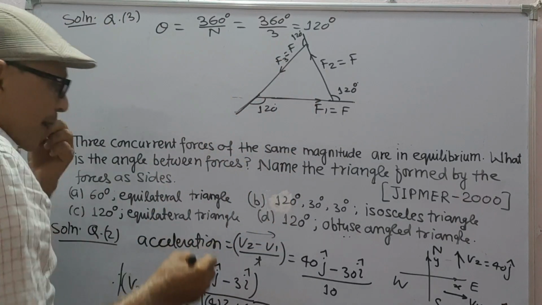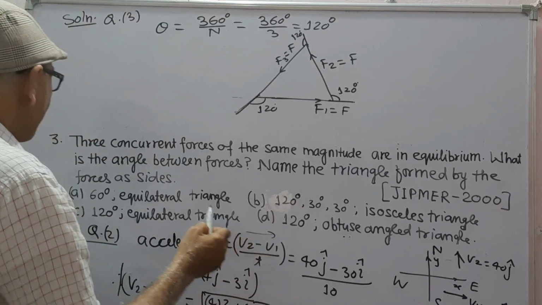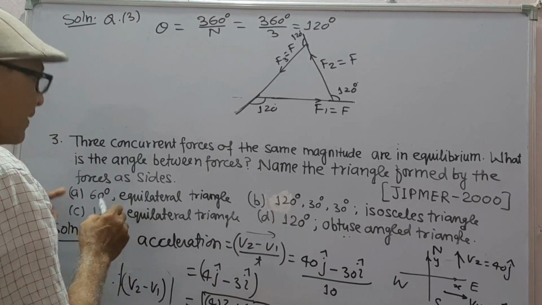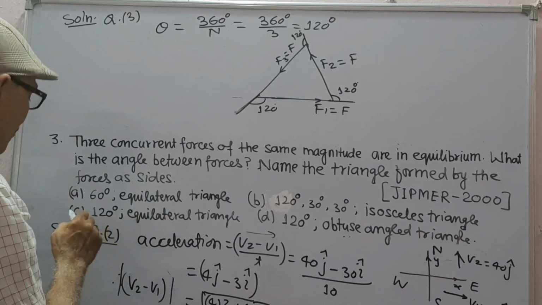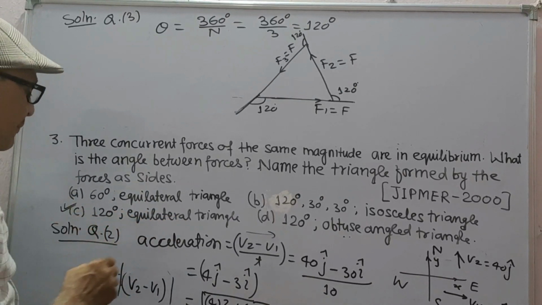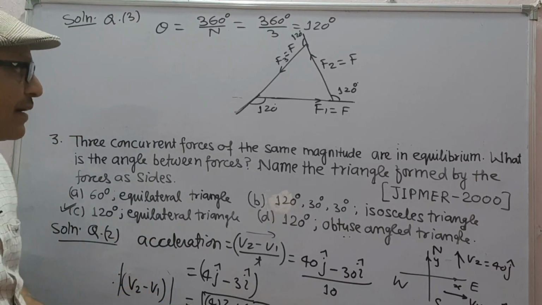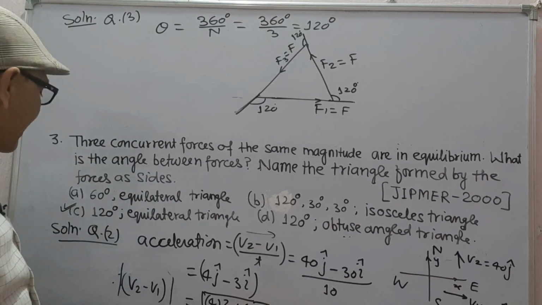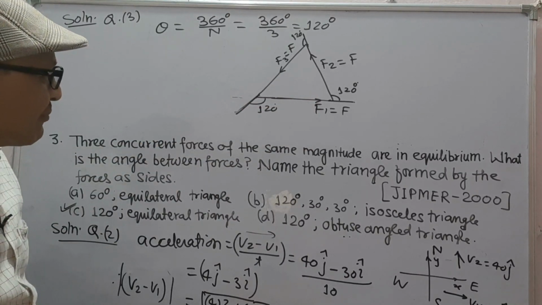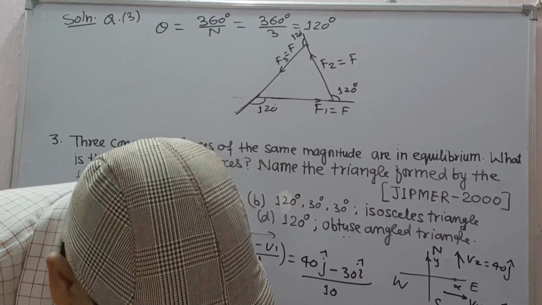So the correct option will be 120 degree, equilateral triangle. Angle between the forces is 120 degree and the triangle formed by them is equilateral triangle.